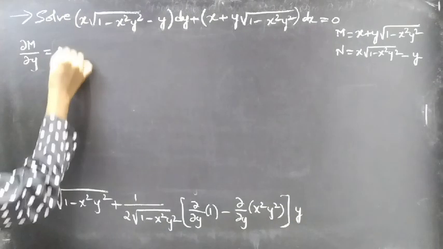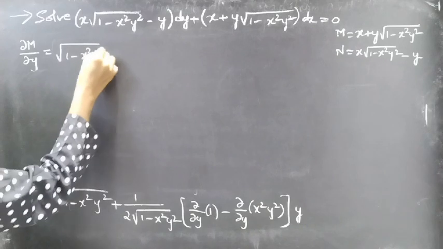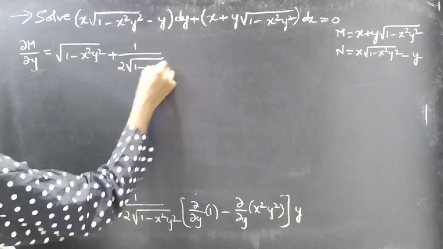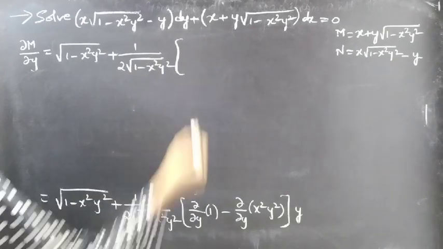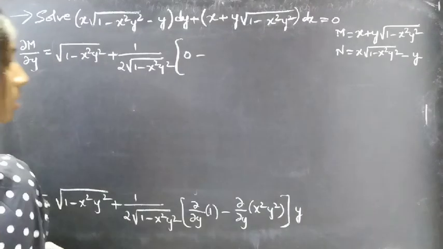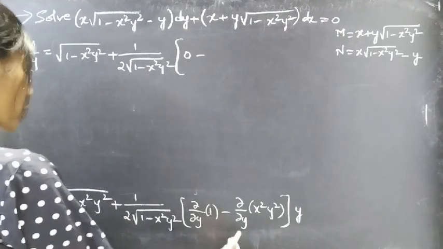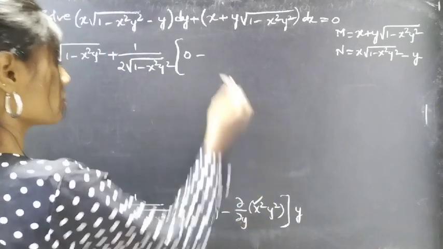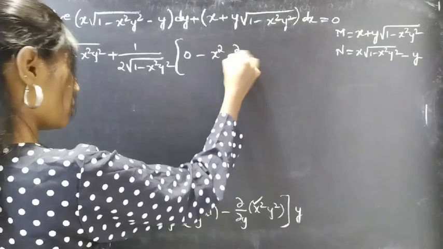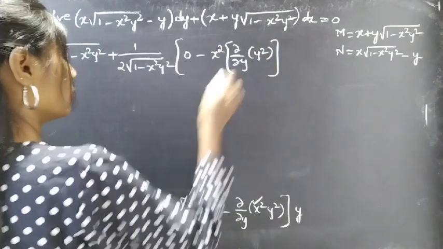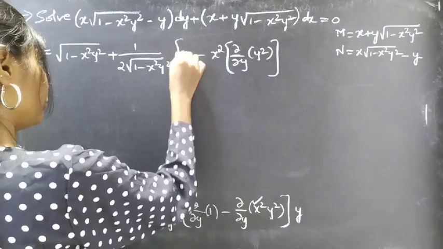This gives us square root of 1 minus x square y square plus 1 by 2 root 1 minus x square y square into the partial derivative of 1 with respect to y is 0 minus, since it is a partial derivative with respect to y, x square is treated as constant. We can write this term as x square into the partial derivative of y square with respect to y.